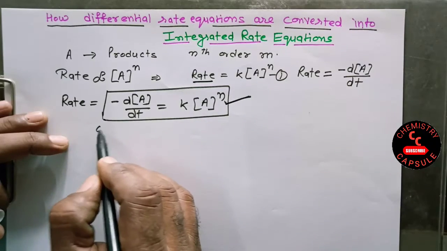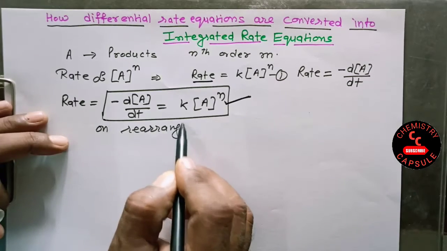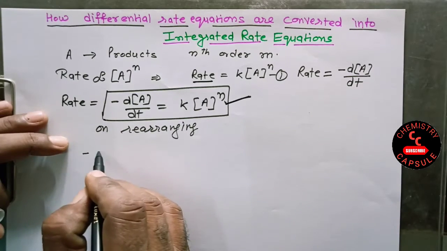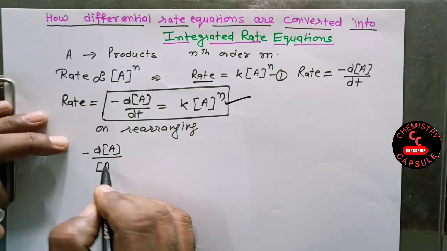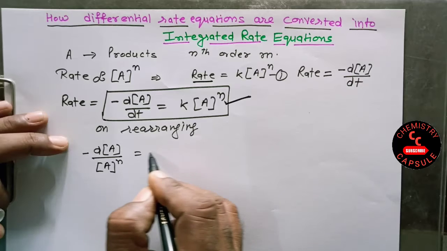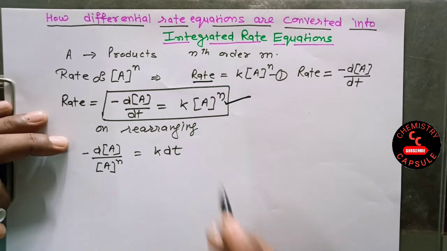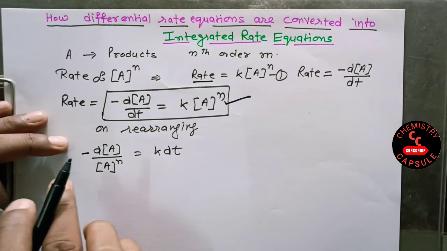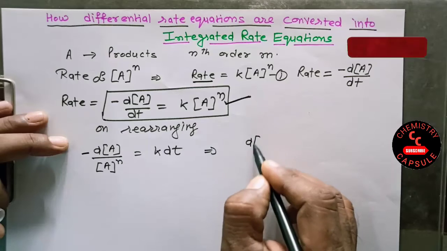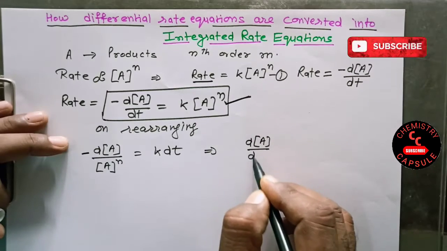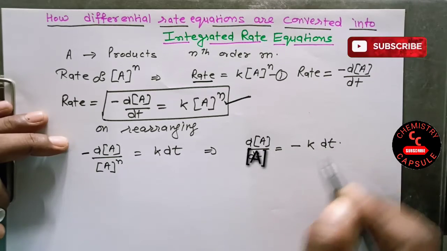So on rearranging, we get minus dA by A raised to power n is equal to k into dt, and by multiplying by negative on both sides we get dA by A^n is equal to minus k dt.